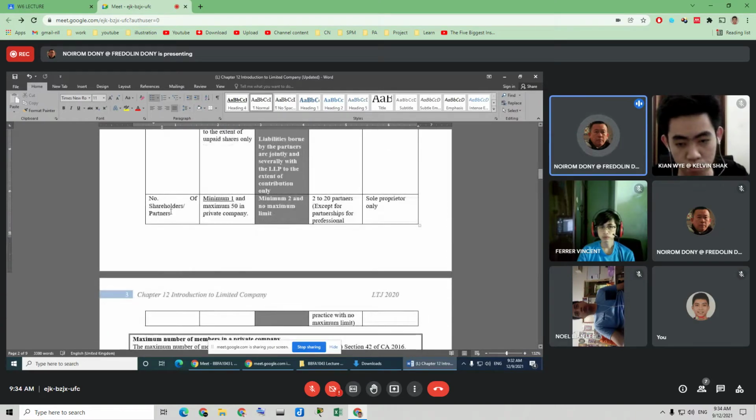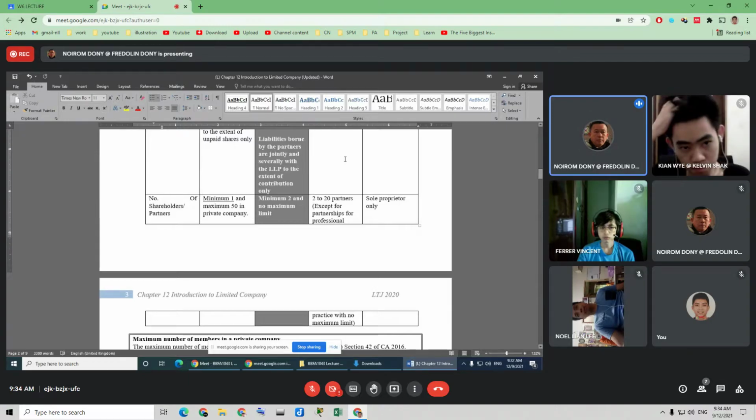Now, number of shareholders or number of partners. For a company, minimum one. Only for a private company do we have a maximum, that is 50. If it's a public limited company, no limit. For an LLP, limited liability partnership, minimum two and no maximum limit.